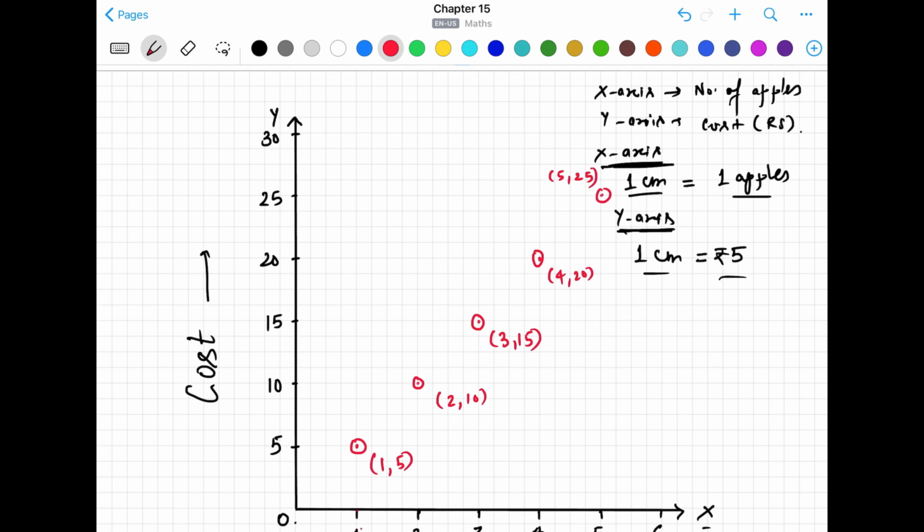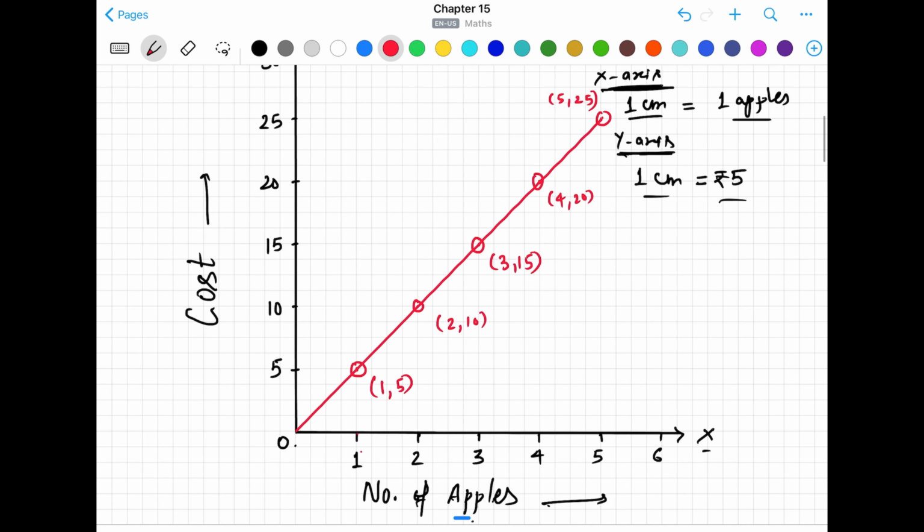Now what you have to do is join these points by a straight line, using a scale. So we get a straight line like this. That's the graphical representation of the given data.